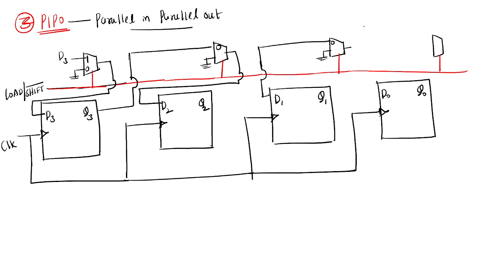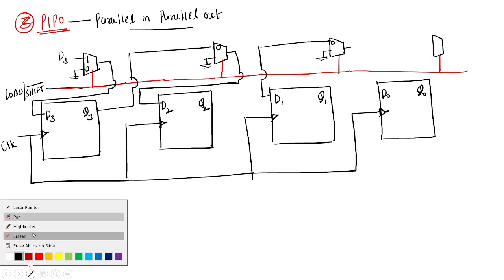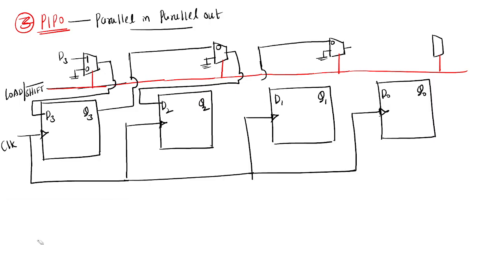This is Q2. Q2 is given to the 0 pin, and this output is given to D1. Here also Q1 is given to the 0th pin of the mux, and again the other pin is given to ground.